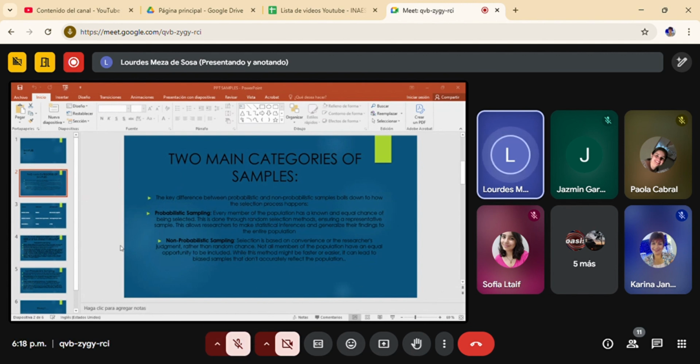Yes, we have two main categories of samples, right? The key difference between probabilistic and non-probabilistic samples boils down to how the selection process happens.